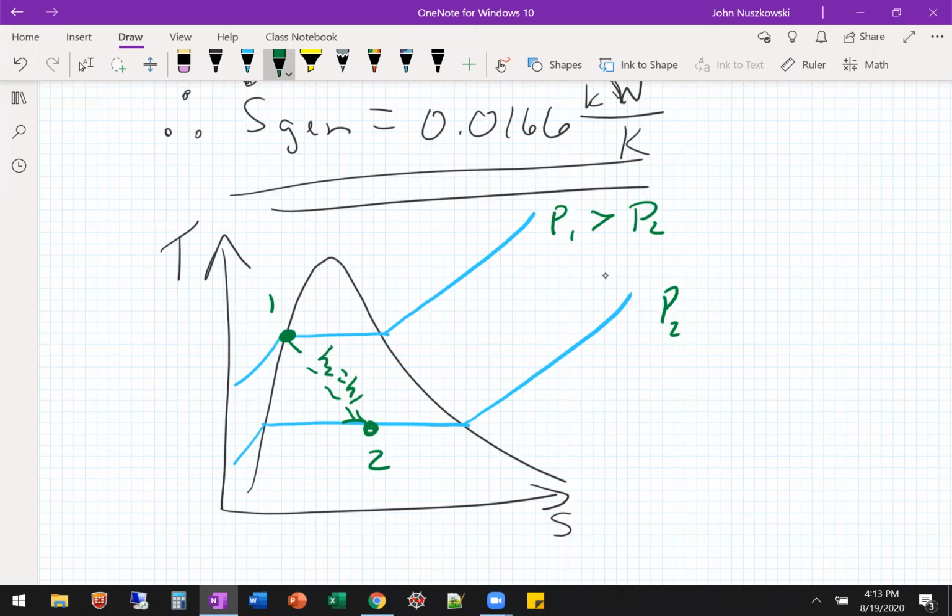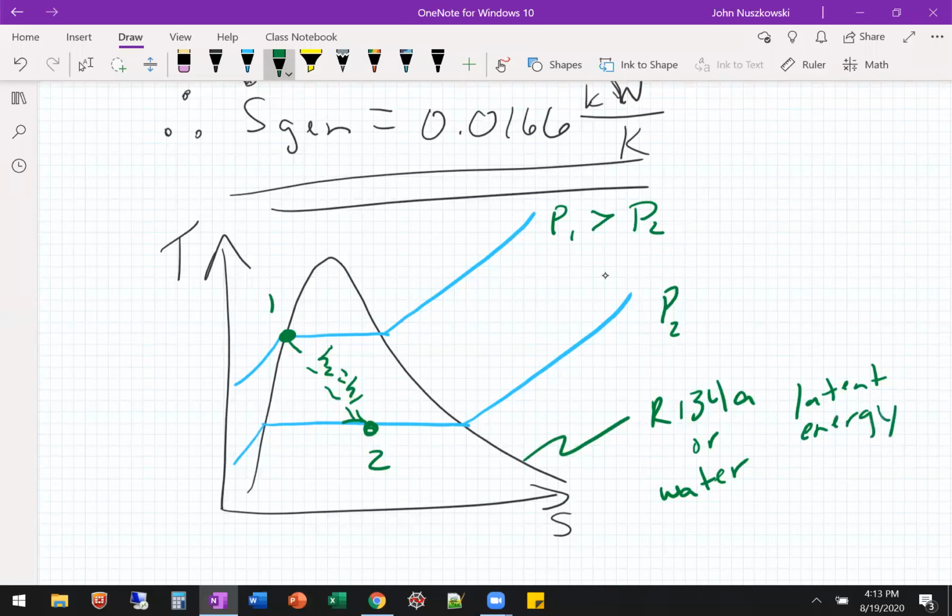There's a dome because the dome is for R134a or water in our case, because that's what we have for properties, but the dome is there for latent energy, if we're changing phase. Because we have liquid and some vapor, that's why we use the dome. We could have hundreds of different property tables, but the book only prints the two.